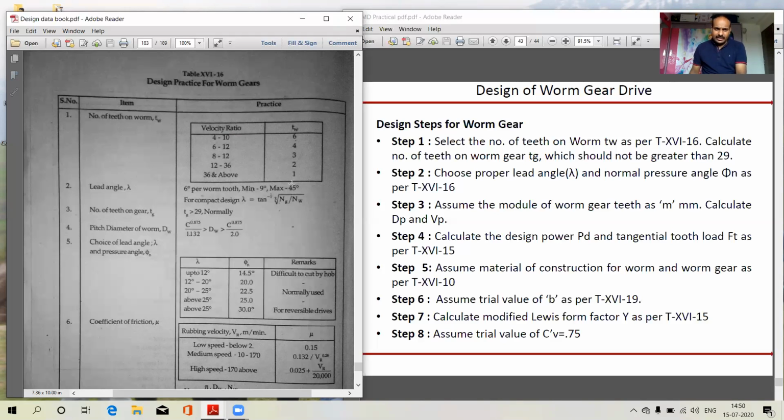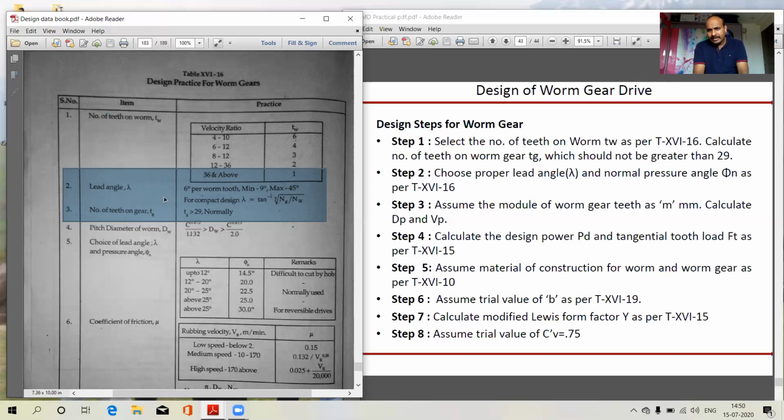So in the very next point of the data book, see on the left side, lead angle. I am highlighting it. The lead angle is 6 degree per tooth. What does 6 degree per tooth mean?